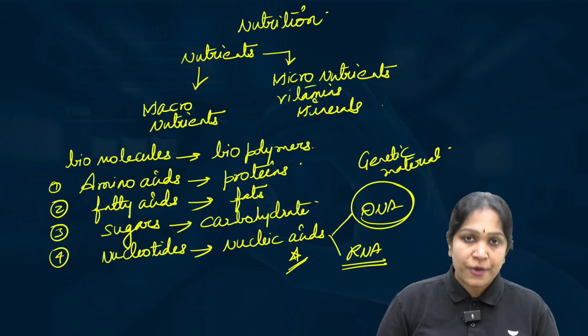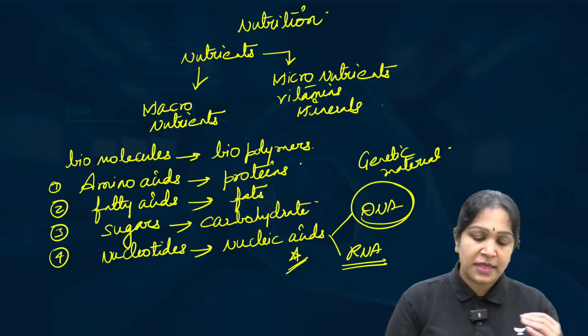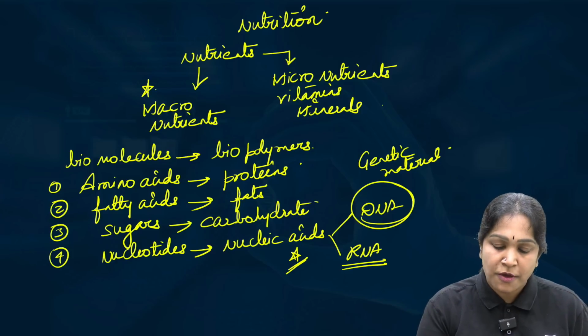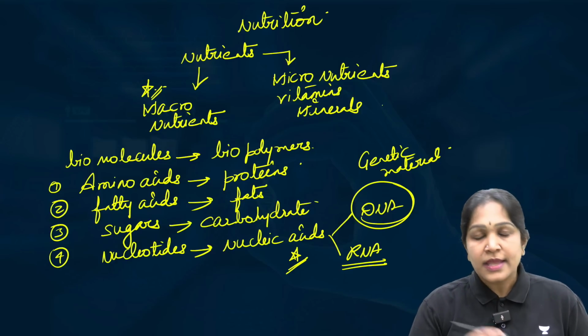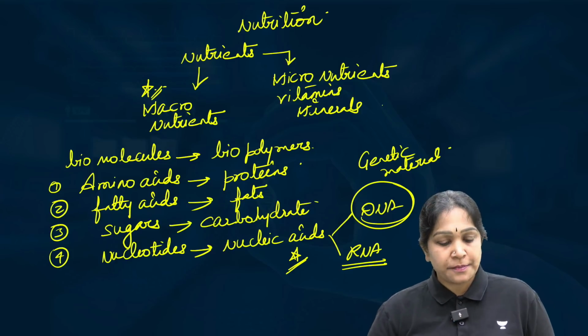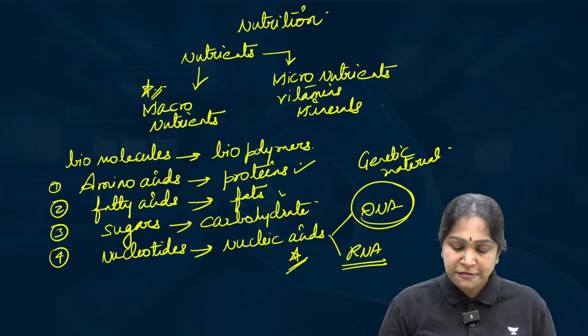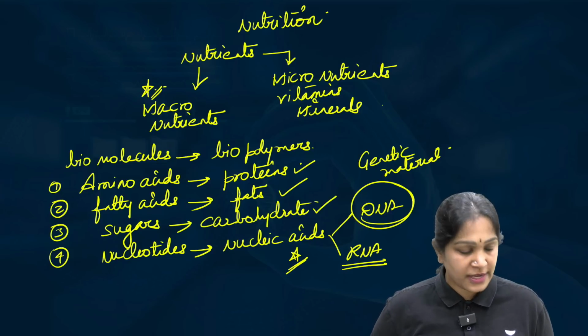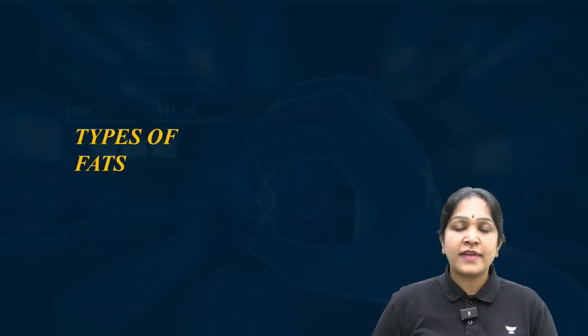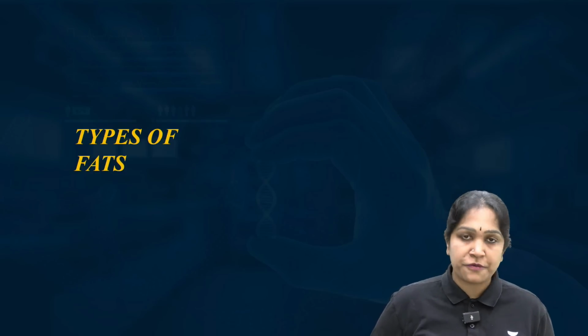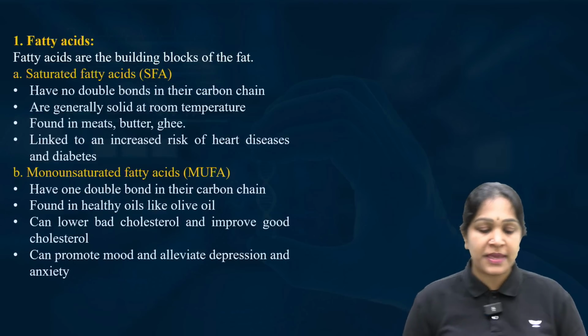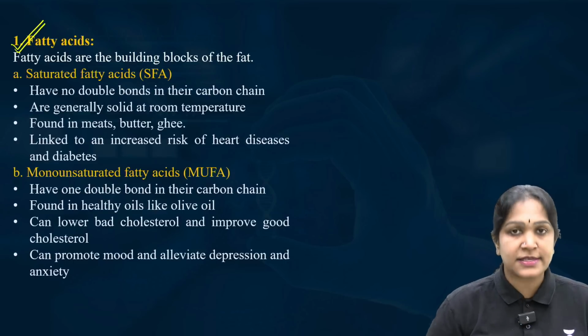The other three biopolymers will form the macronutrients of our food. In today's session, we are discussing primarily about these macronutrients, that is proteins, fats and carbohydrates. Firstly, we are discussing about the types of fats. The first one being fatty acids.